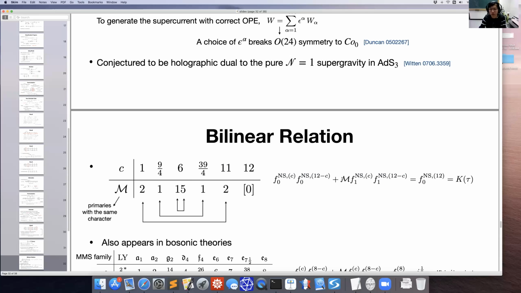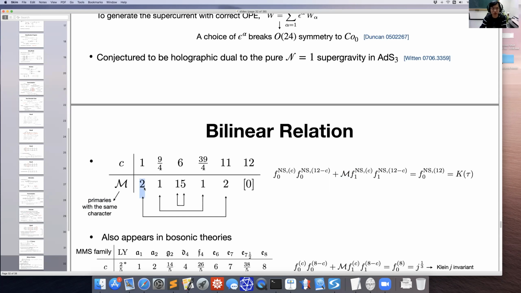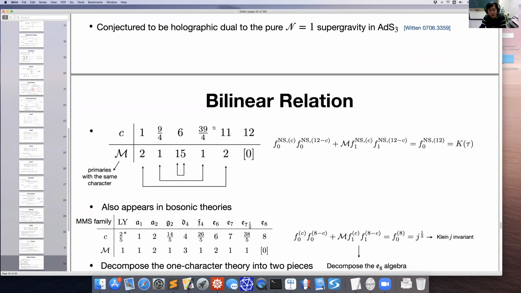Here, M is the number of primaries that have the same character. For example, in this case, as I showed you before, for the non-trivial primary, we have a twofold degeneracy, but they are distinguished by the U(1)_R charge. So this explains the factor 2 here. This explains why we place this theory here.